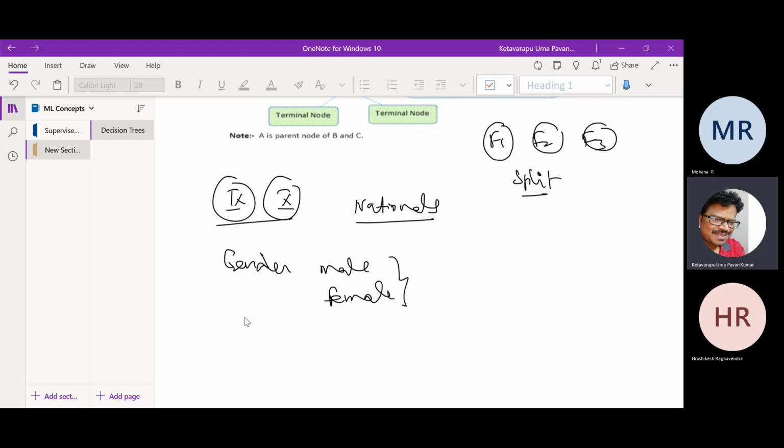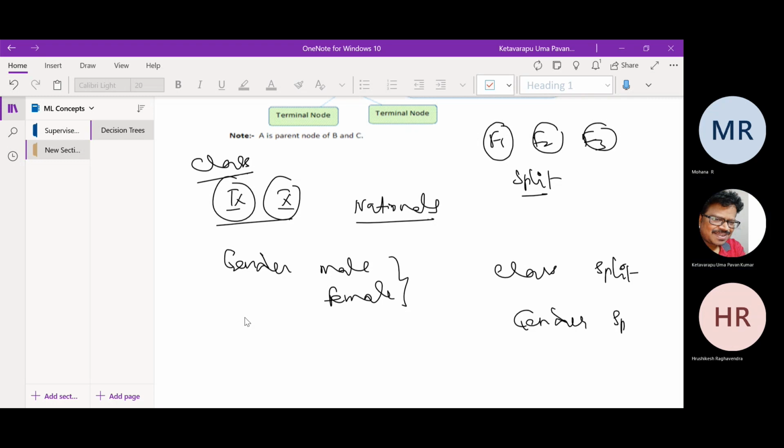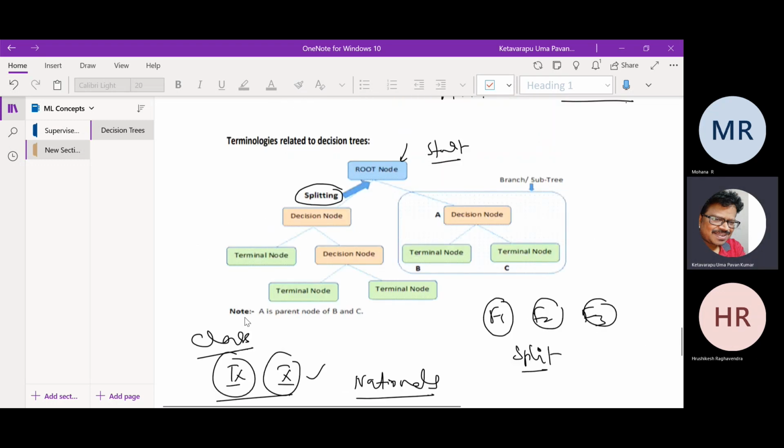This is the gender and this is the class. Now there is a time when I need to go with the split of class, or whether I need to go with the split of gender. That means the decision should be made on the class or the decision should be made on the gender.